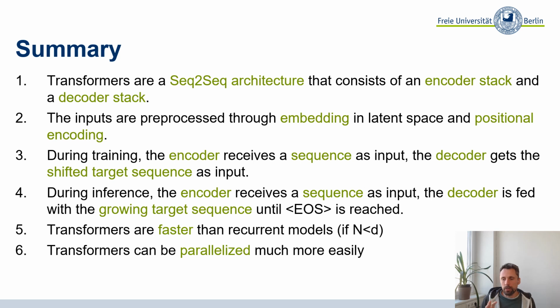Transformers are faster than recurrent models if the sequence length is smaller than the dimensionality of the model, which is so in most cases. And transformers can be parallelized much better than recurrent networks. So transformers have become the dominant type of model in the last couple of years. And maybe one last slide.